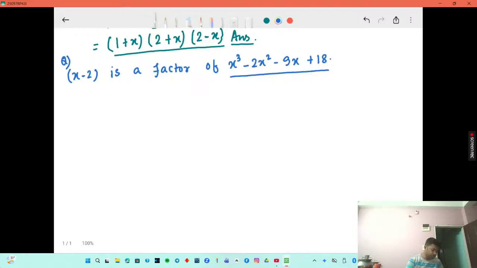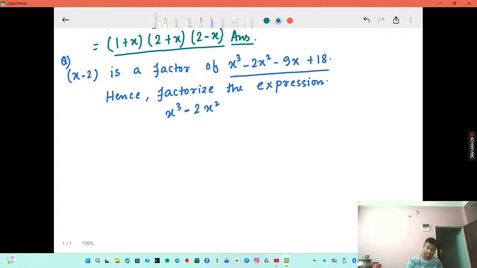So the question is given as, hence factorize the expression x cube minus 2x square minus 9x plus 18.